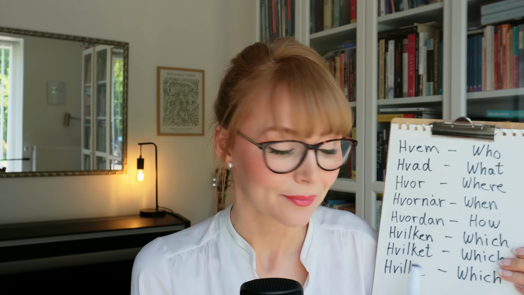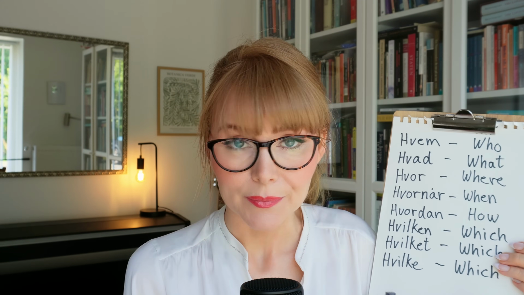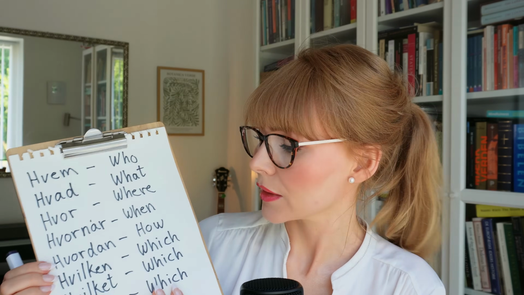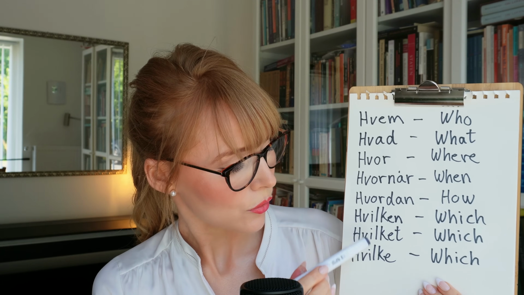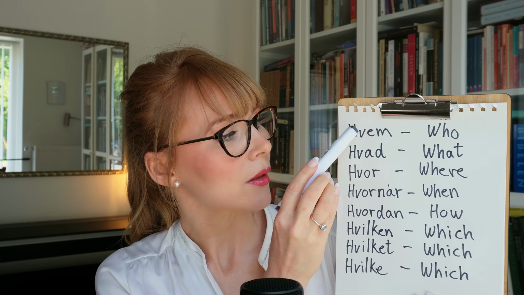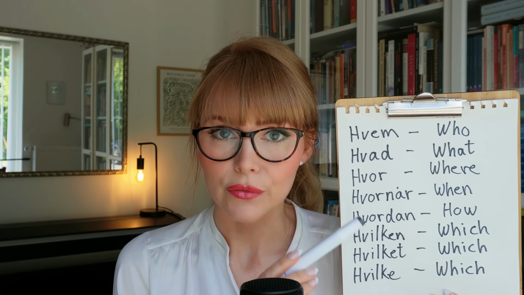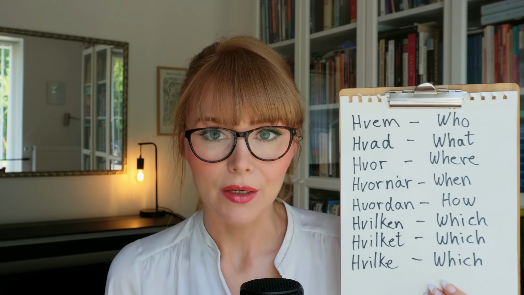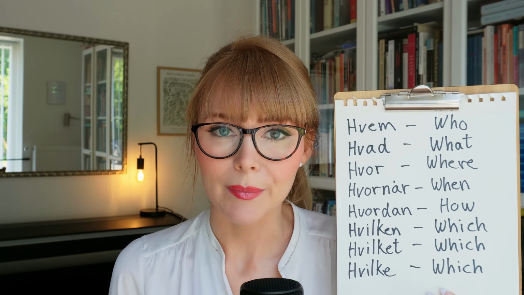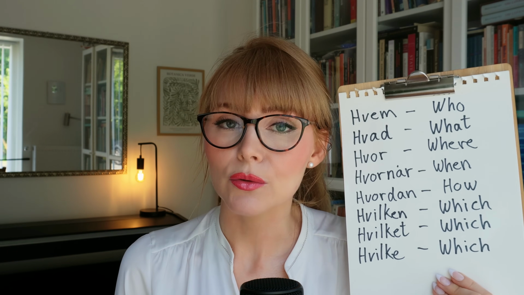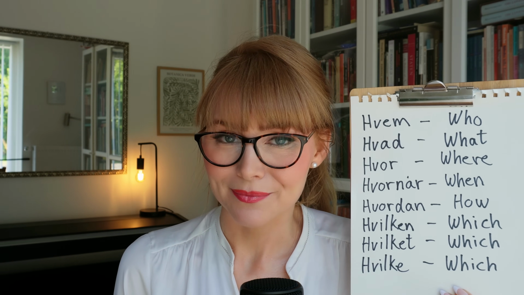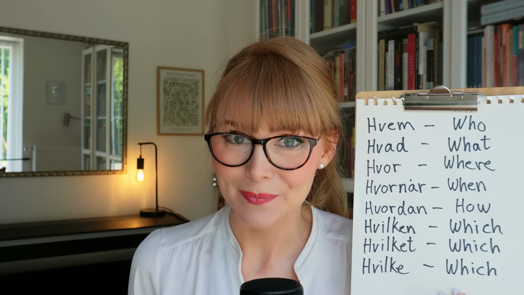I min kuffert. So that is all the HV words right here. 1, 2, 3, 4, 5, 6, 7, 8. There are 8 of these words that are very useful and good to remember, because you have a lot of questions to ask, of course, when you visit a different country, like Denmark, for example.